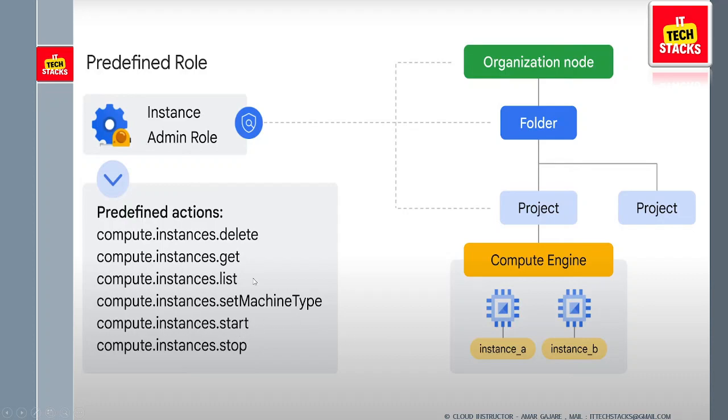All those predefined roles we can provide to that user. Editor role is the category. Within that editor role, suppose I want to restrict the person to only start and stop, and I don't want that person to do other operations. I can give that access through predefined roles.